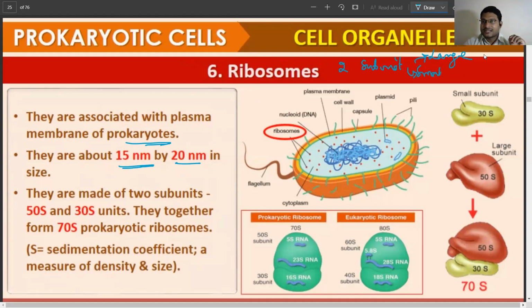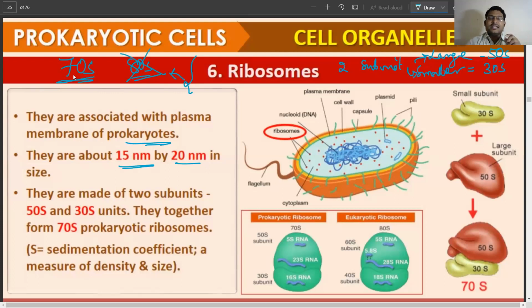In this case the larger subunit is 50S and the smaller subunit is 30S. So ideally 50 plus 30 should be 80S if you add, but that is not the case. Instead, it is 70S in prokaryotic cells.